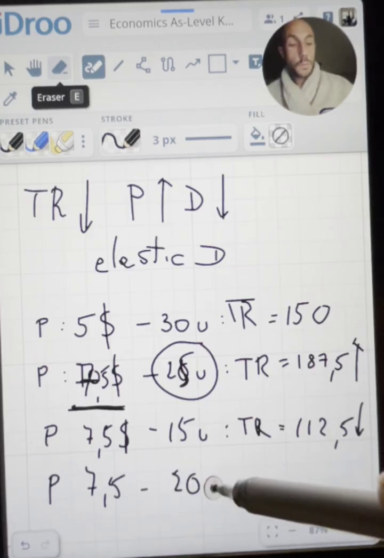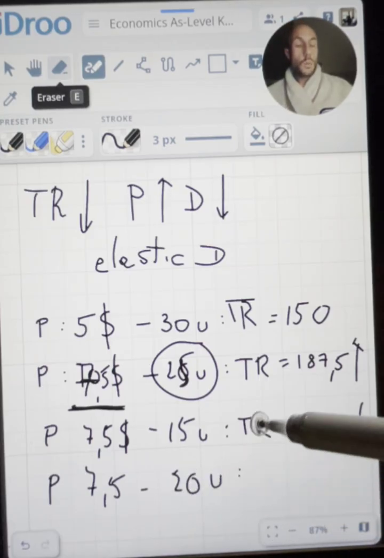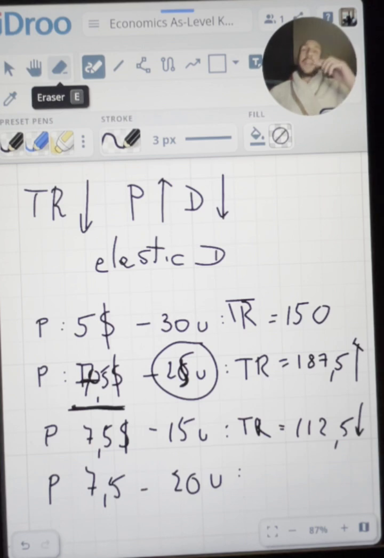The demand is elastic if a percentage change in price results in a greater percentage change in demand. If you vary price by 10% and you have a greater than 10% change in demand, then the demand is elastic.